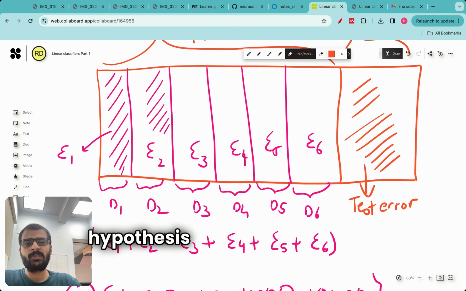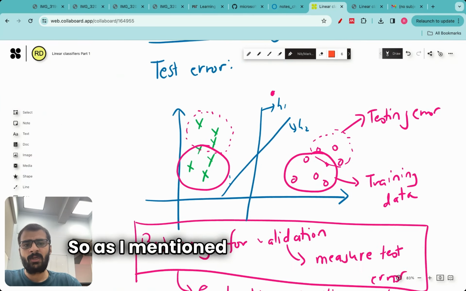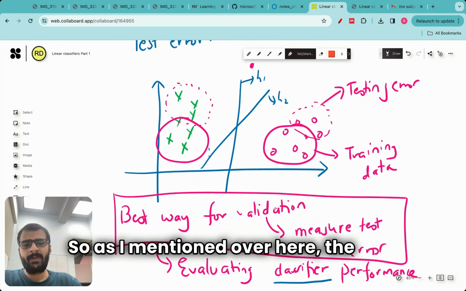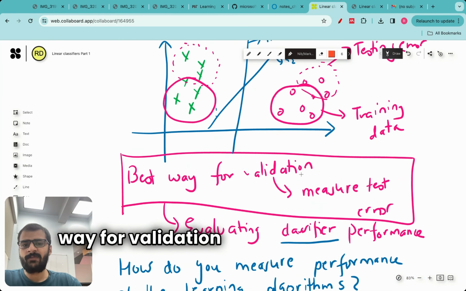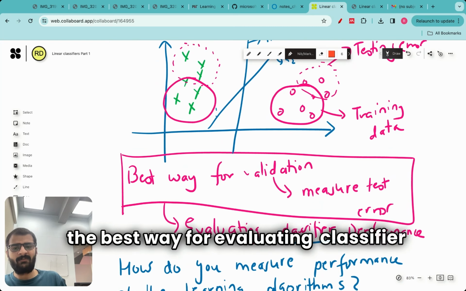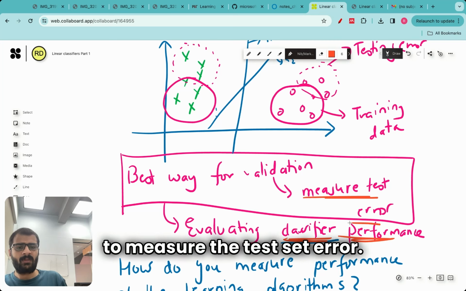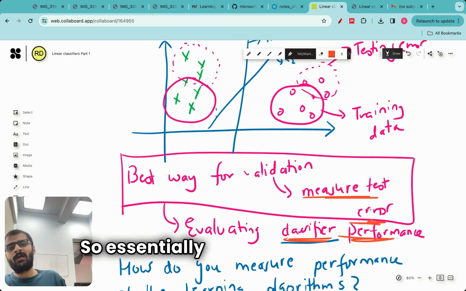but to actually evaluate the hypothesis itself, testing is very important. So, as I mentioned over here, the best way for validation of the hypothesis, or rather the best way for evaluating classifier performance, is to measure the test set error.